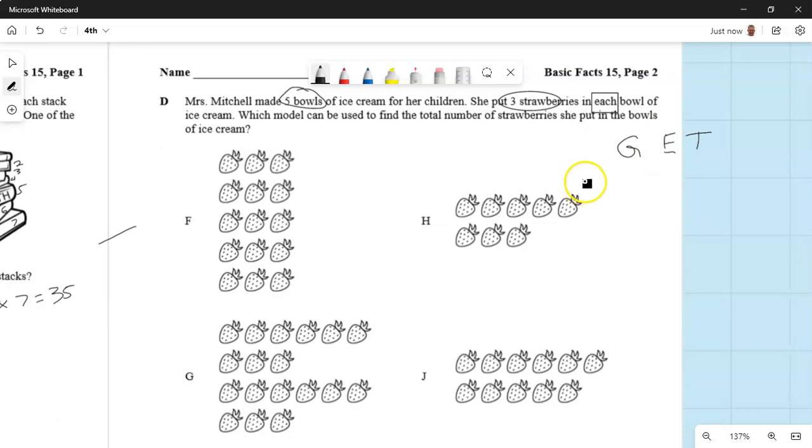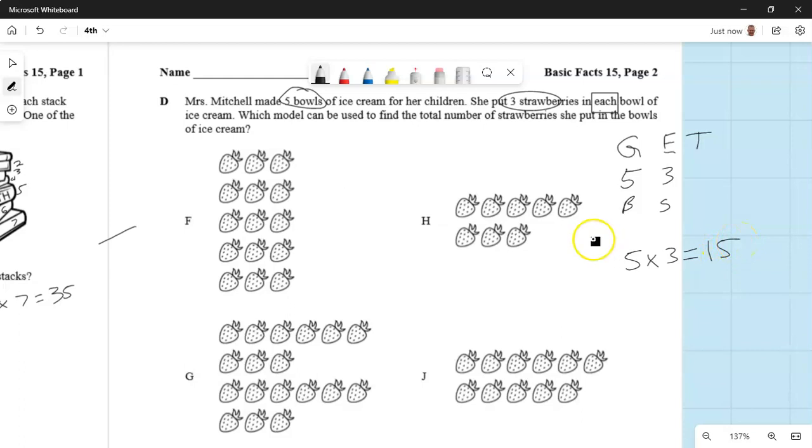So I've got groups, I've got each, and I have total. And in this case, the groups would be the 5, and those would be bowls. The each right there is the strawberries. There's 3. That's strawberries. So we're trying to figure out the total number of strawberries. That sounds like a multiplication problem. That's 5 times 3, and we know that equals 15.